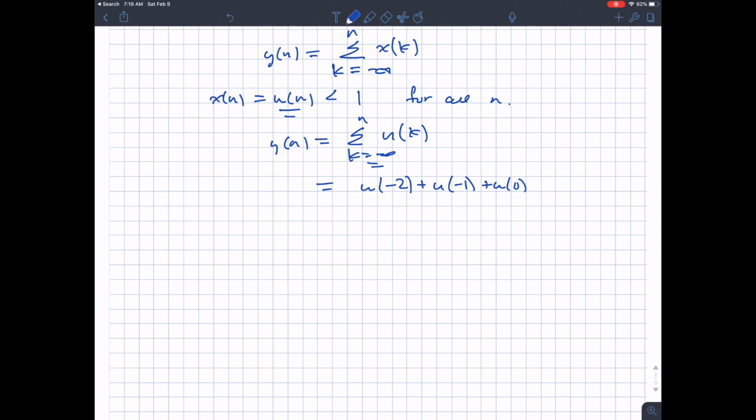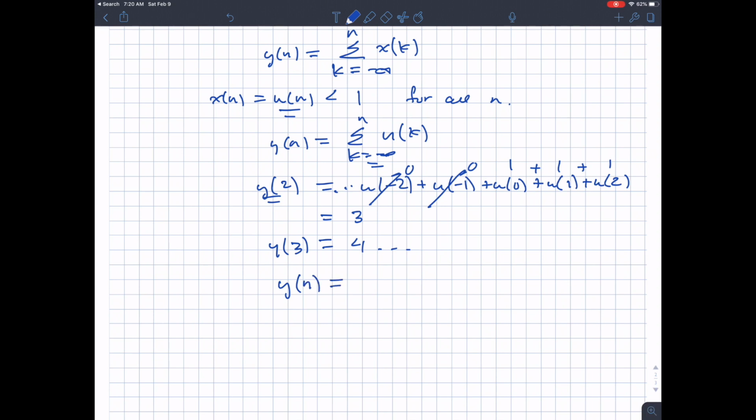If I chose an n value like y of 2, dot, dot, dot back in the negative direction, all these are 0, and here's a 1, here's a 1, here's a 1, so I would get 3 for y of 2. And y of 3 would be 4, and so forth, and you can deduce that y of n would be n plus 1 times u of n.